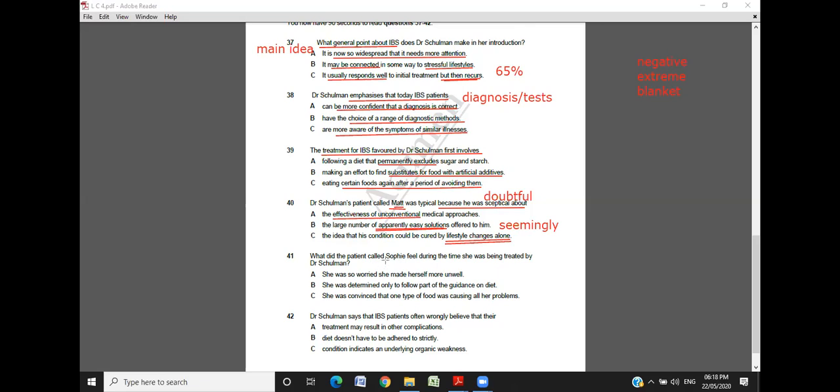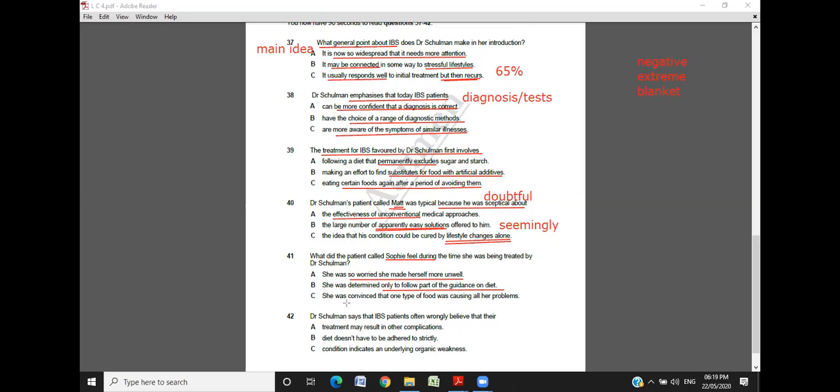Then here it is Sophie's feeling about the treatment. She was so worried that she became more unwell. Then she was willing to only follow part of the guidance. See, only is a blanket word here. That means she was willing to follow the guidelines, but not the full guidelines, only a certain aspect of it.